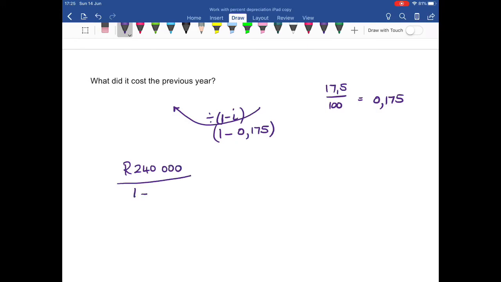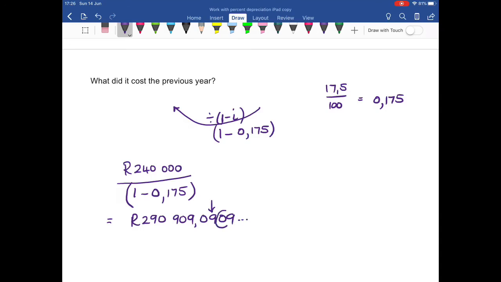This time I'm going to divide it by 1 minus 0.175. Use your brackets. And on my calculator, if I do that, I will get a value of 290,909 Rand, 0909, and so on.